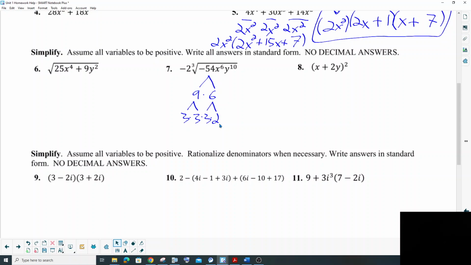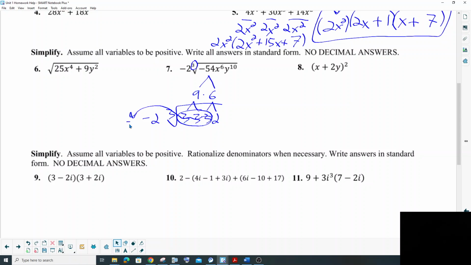Okay, so since it's a cube root, we're able to circle 3 3s for our cube root. And when we circle 3 3s, that means that they can now pass through the door, and only one of them comes out.